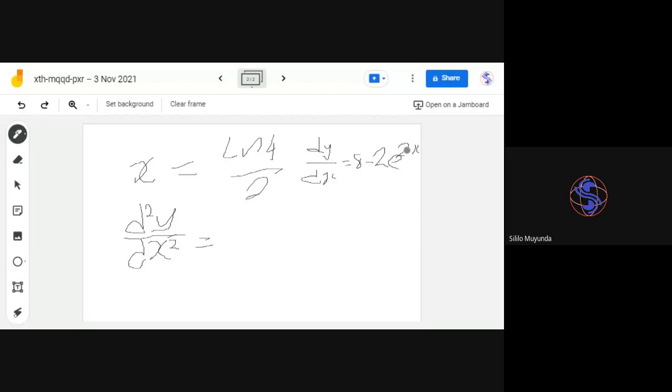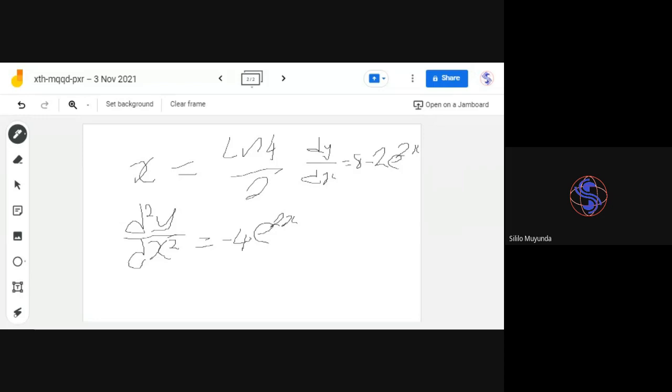Like this will come down here, and this will be a minus 4. Is it? I've actually forgotten how to differentiate this. Will the power be brought down and multiplied by this? Yes, I think so. Okay.